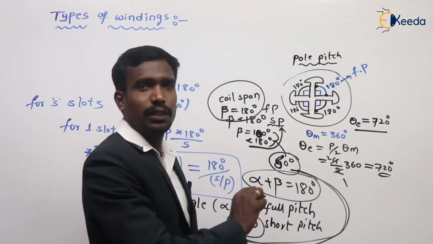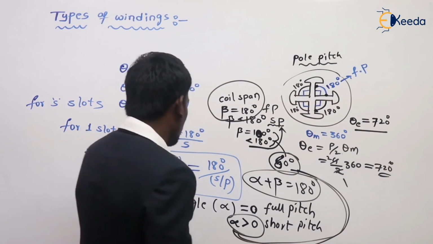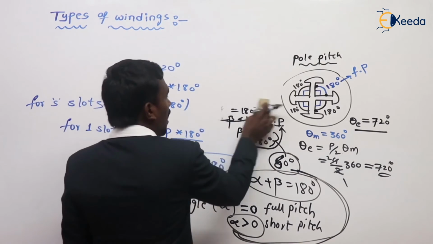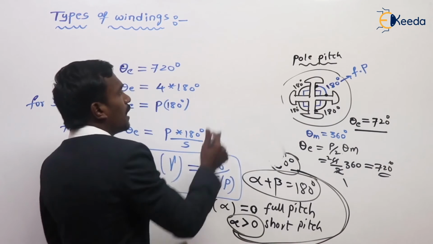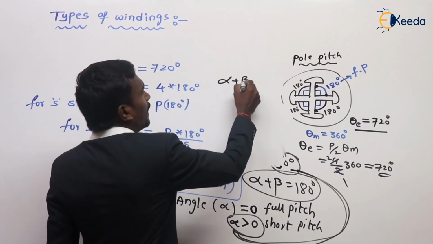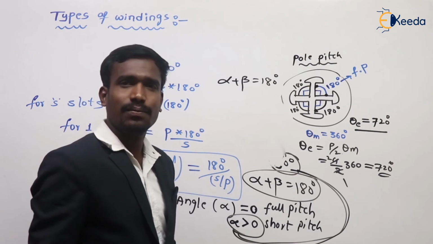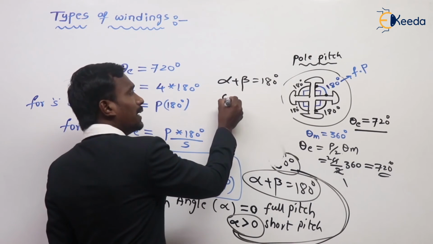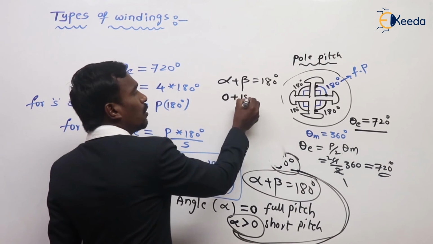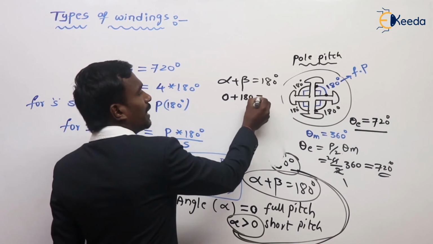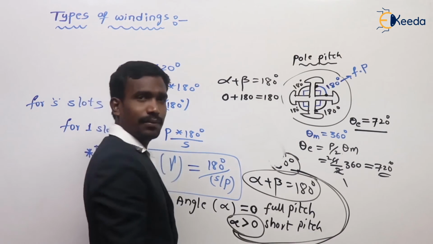You should remember this. For full pitch winding, alpha is 0 and beta is 180, finally 180.